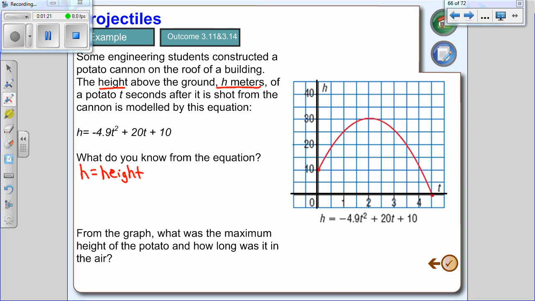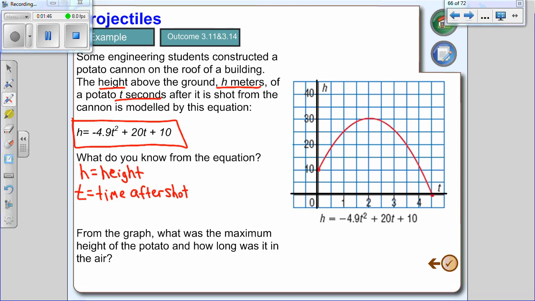Of a potato, t seconds after it's shot from the cannon. t equals time after shot. And it's modeled by this equation. So they gave you the equation. That's nice. In this question, they've even graphed it for you and shown you a picture.